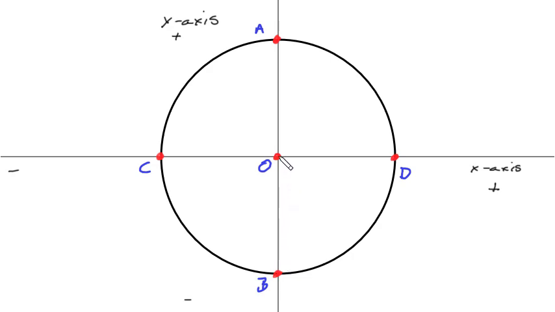So they are semi-diameter or radius length lines. Now, any line that comes from the center of the circle and ends on the circle is a radius line. So I'll just add in another radius length line. So this line here, which we have just added, this is also a radius length line.